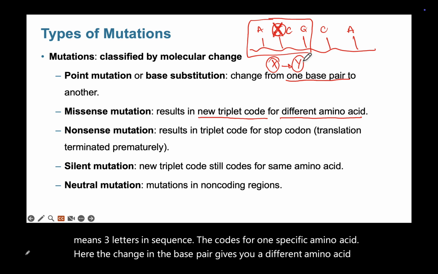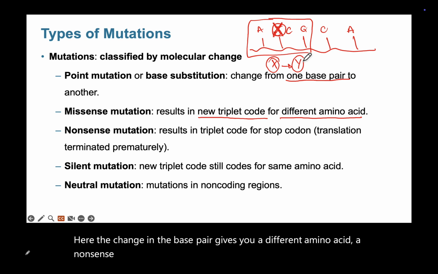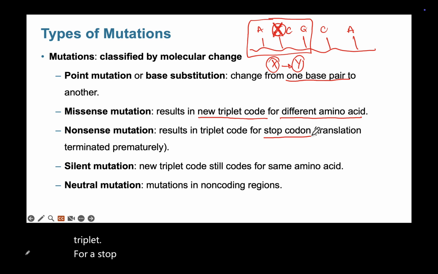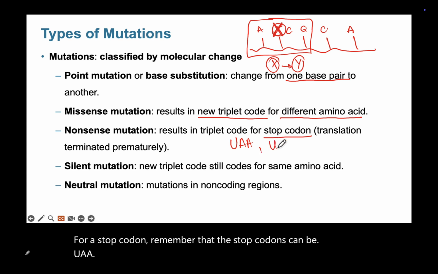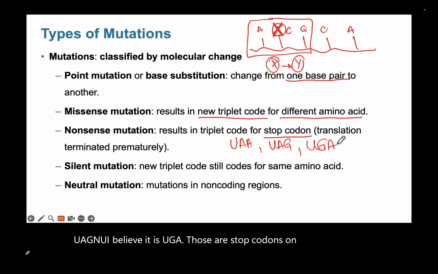A nonsense mutation is when the change in the DNA results in a triplet code for a stop codon. Remember that the stop codons can be UAA, UAG, and I believe it is UGA. Those are stop codons on the mRNA.